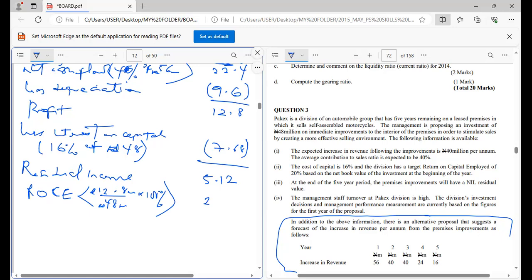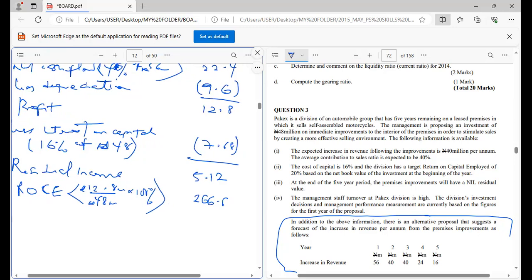It's 12.8 million divided by 48 times 100%. That's 26.7%.